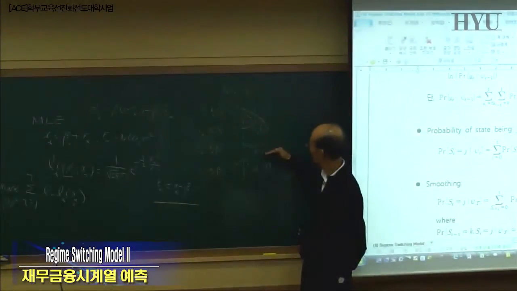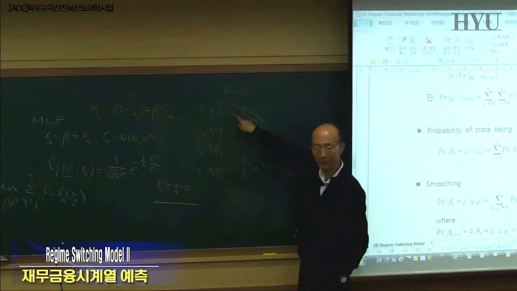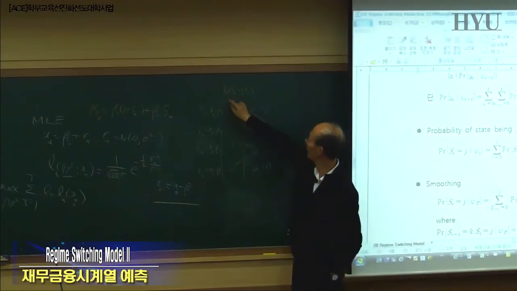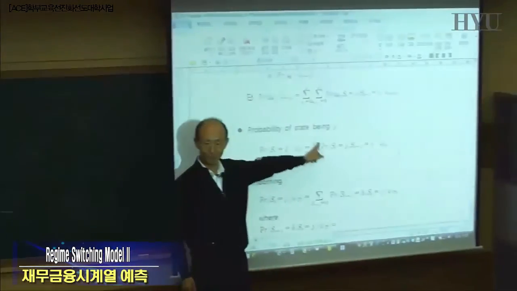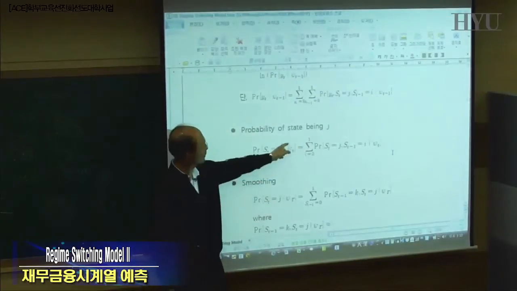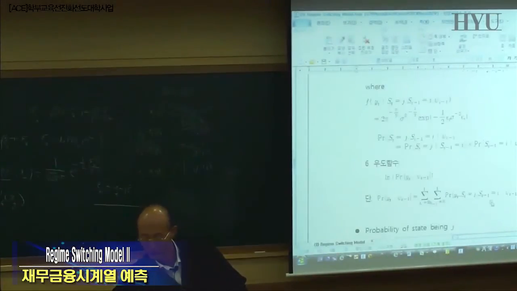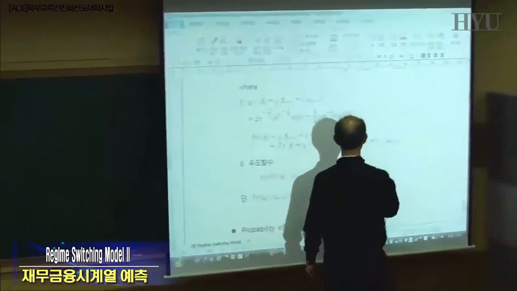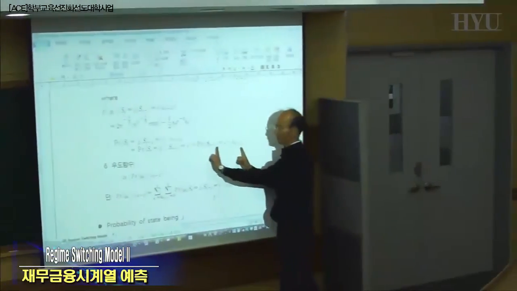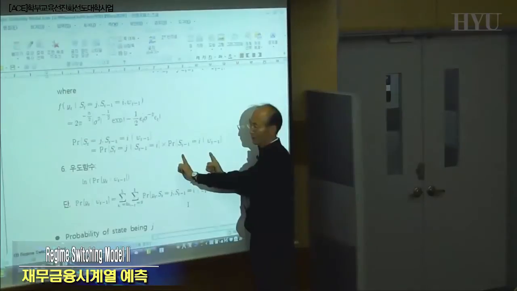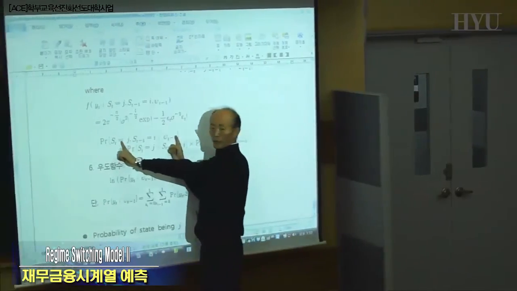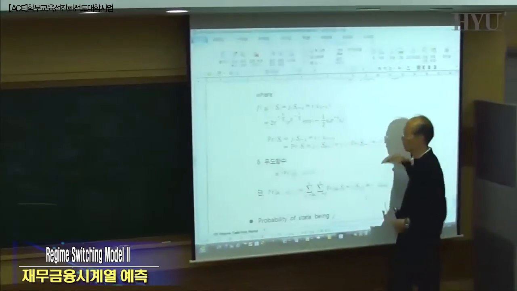This plus that, 1, 1. Whether you stayed or switched, this is the probability at time t of the state being 1, the sum of these 2. That's this notation. So you get this number, and in the next iteration, t plus 1, you can go on.